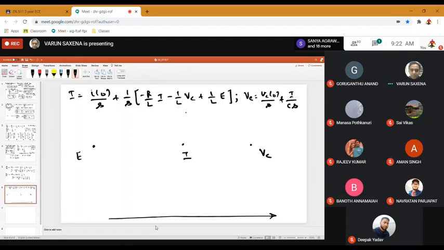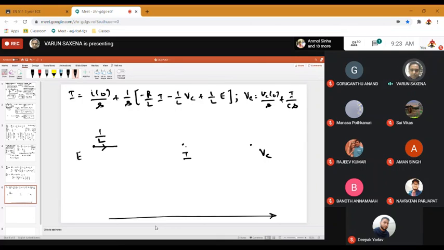So basically I is given by this equation, and if you see the contribution of capital E in I, then it is 1 upon L times E. So the first thing that I do is that I create a line with a gain 1 by L. Now a positive of 1 upon L times E gets added to some multiplication of I and VC.